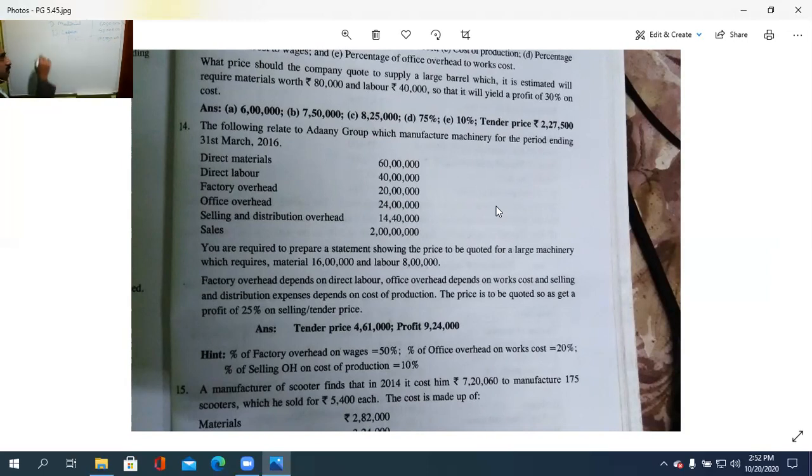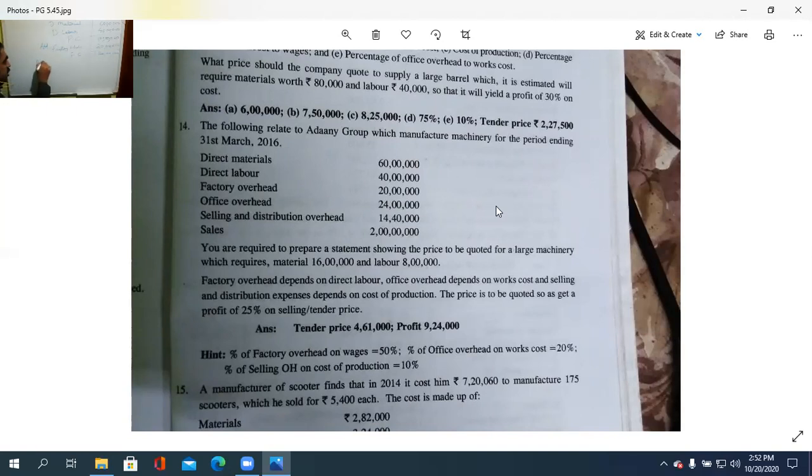Then add factory overhead. Factory overhead is how much? 20 lakh. So it is 1 crore 20 lakhs. Clear? So this is the factory cost.